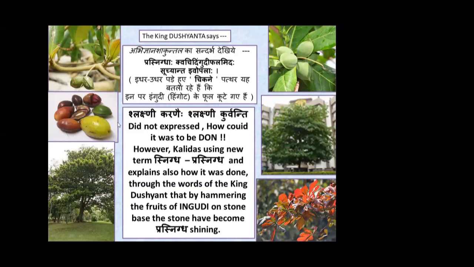And it is prasnigdha. It is very smooth, and if it is smooth, it is shiny. And how is it done? It is done with the use of the fruits of ingudi.